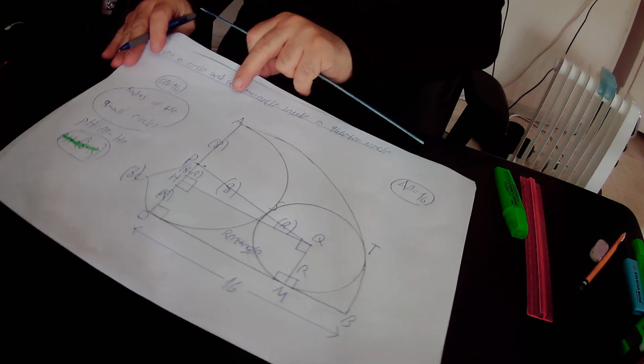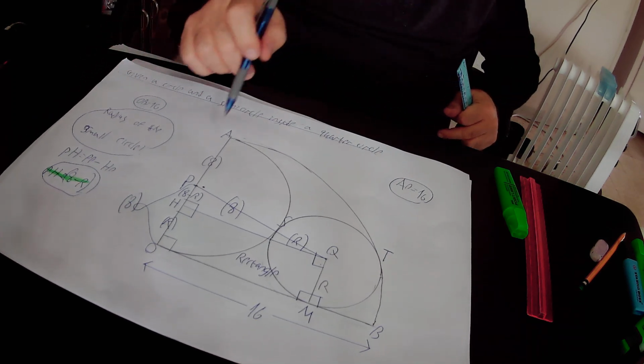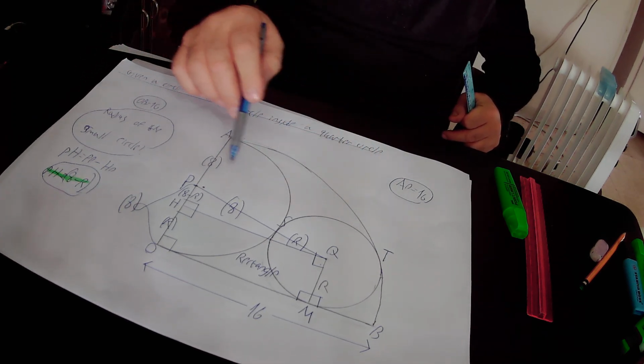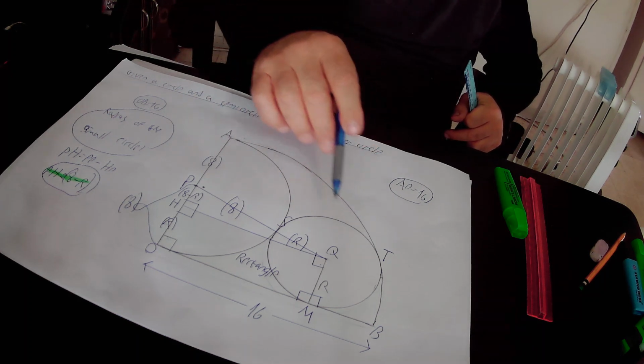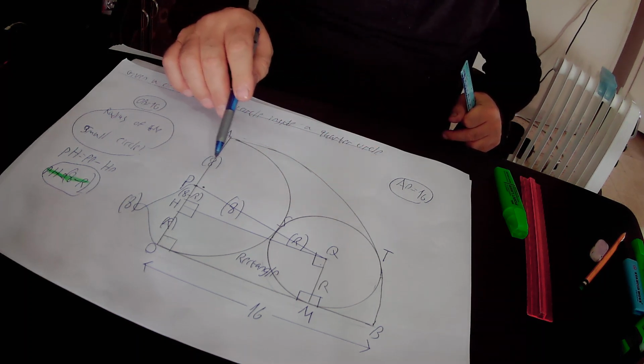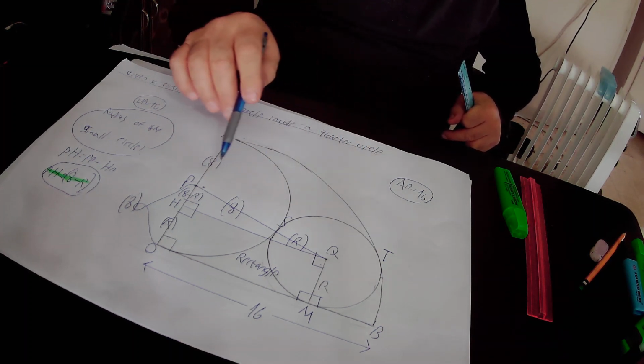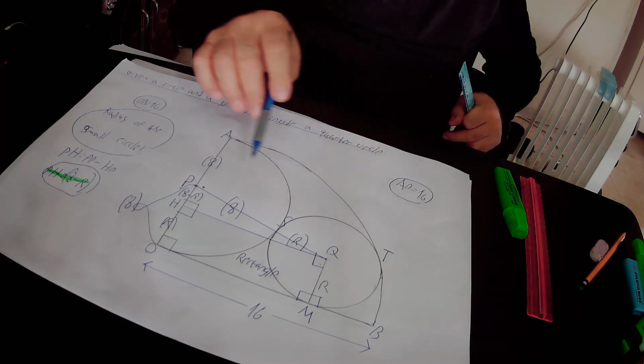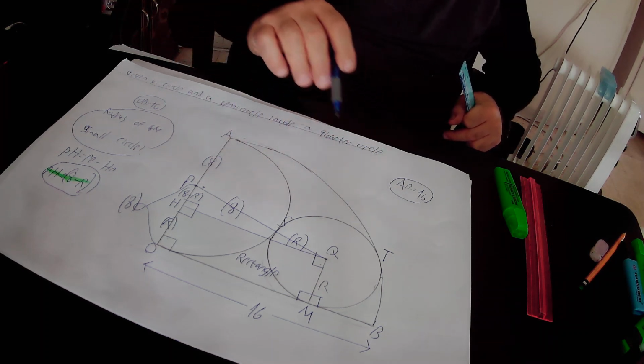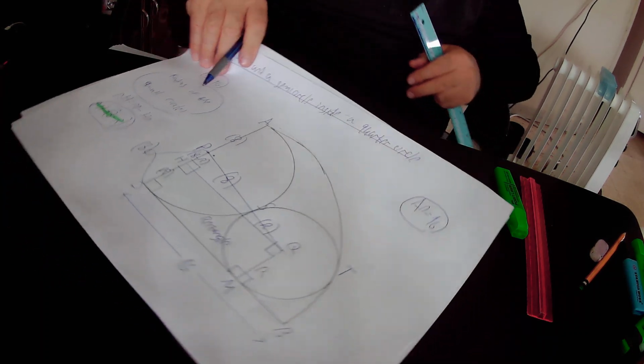And because according to rule 10, PSQ is one straight line, it means that PQ in total will be equal to PS plus SQ. Again, PQ must be equal to PS plus SQ because PSQ is one straight line. So I write it down.